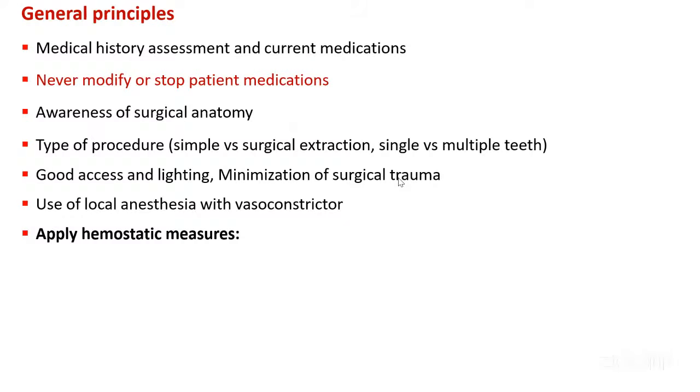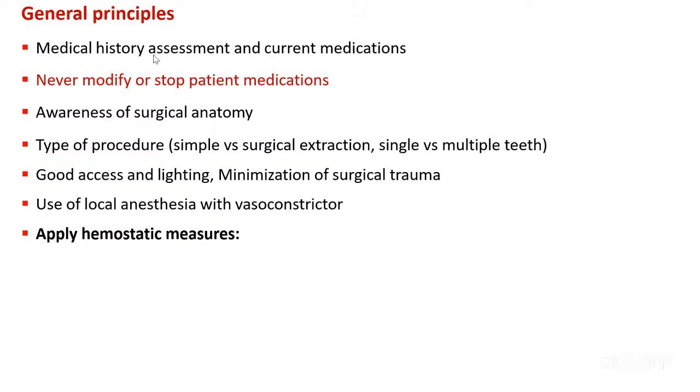So, in general principles, if a patient comes to you and this patient is taking antithrombotic, antiplatelet, or anticoagulant medication, or any type of patient, we really need to carefully assess their medical history and their current medication, and their diet. For example, some diet supplements such as garlic are blood thinners. It increases the risk of bleeding.